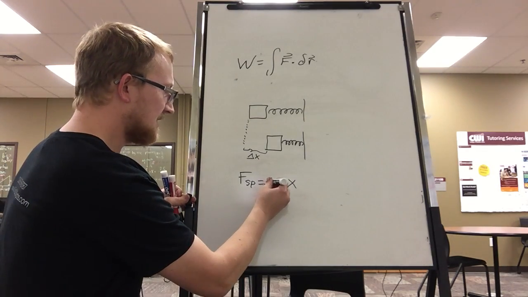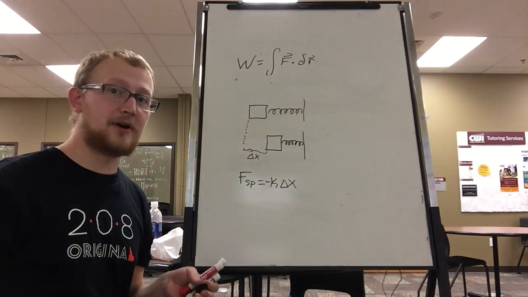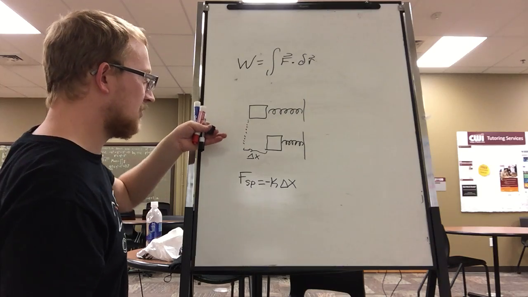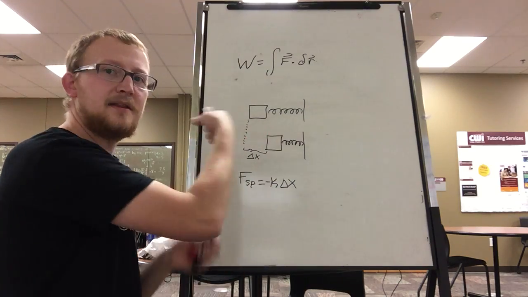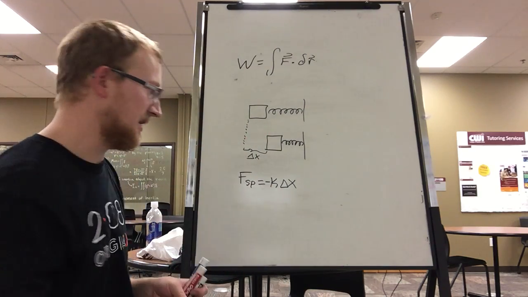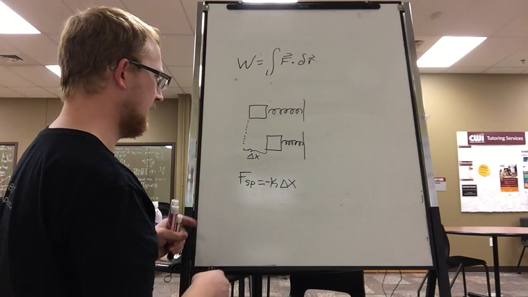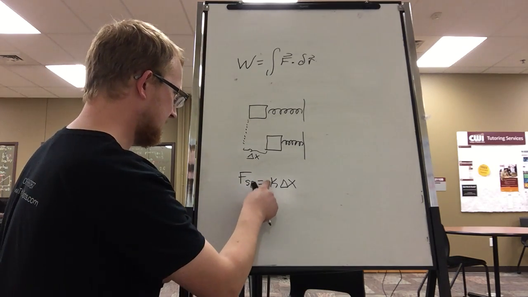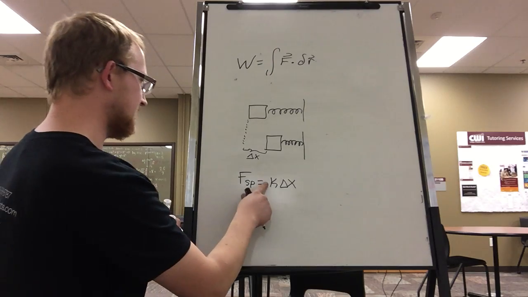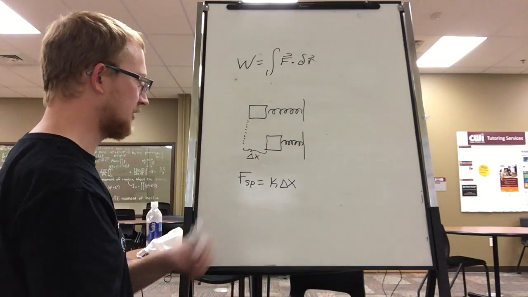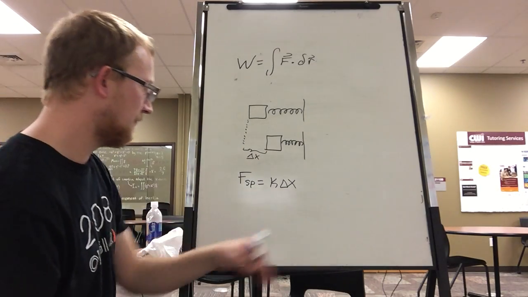And usually there's a minus sign here, purely for notation, to remind you that whichever way you're applying a force, the spring is always going to be resisting your force. But this is just for notation, so let's not worry about it. It's just always going to be pushing in the opposite direction of how you're trying to push it.